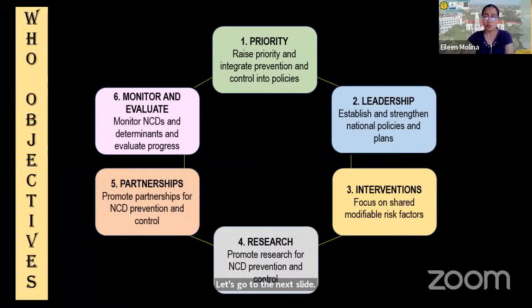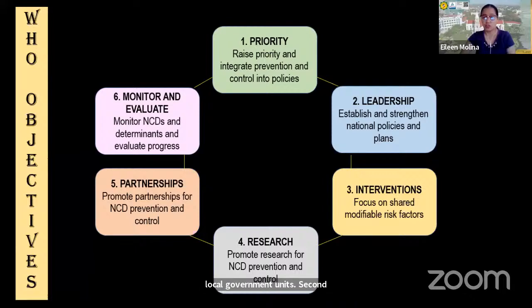WHO enumerated 6 objectives, or strategies, that would manage non-communicable diseases. First is setting priorities, raising priority and integrating prevention and control into policies of the government down to the local government units.